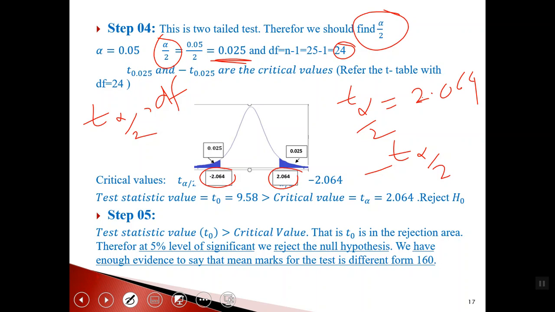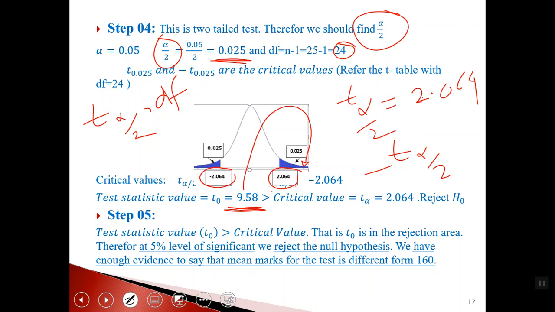Then you can compare with your test statistic value, t naught, which is 9.58. So where is 9.58? This value is positive, and this value is 2.064. So where is this guy? Somewhere here, right?